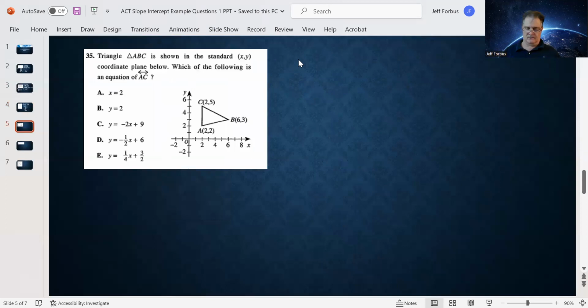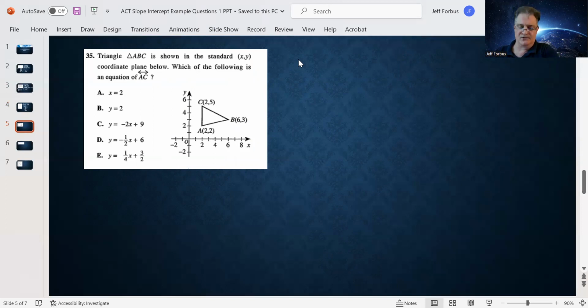Next. Okay, so we have here triangle ABC shown in the standard xy coordinate plane.